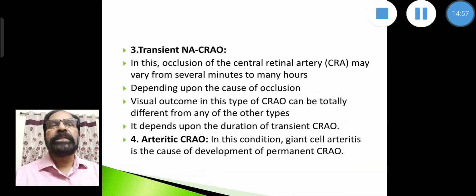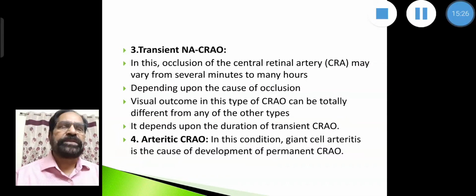Then the third type is transient non-arteritic central retinal artery occlusion. In this, occlusion of the central retinal artery may vary from several minutes to many hours, depending upon the cause of occlusion. The visual outcome in this type can be totally different from any other types.